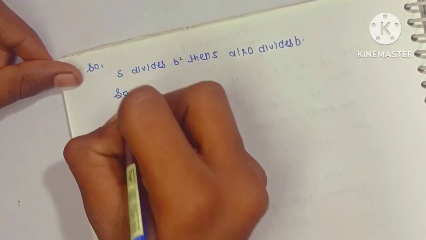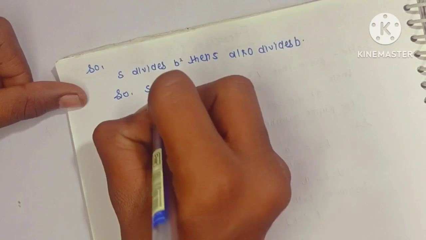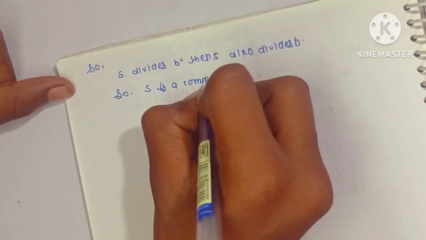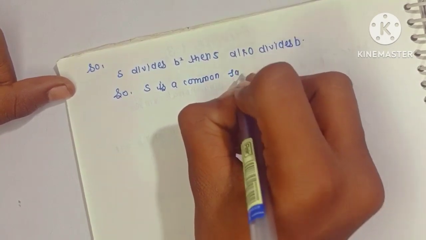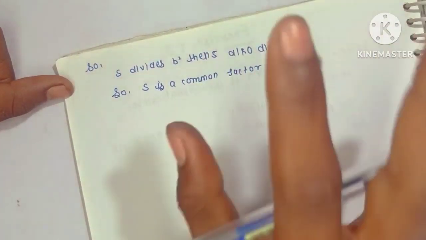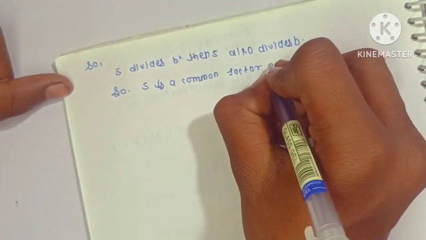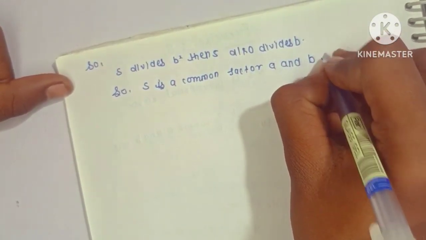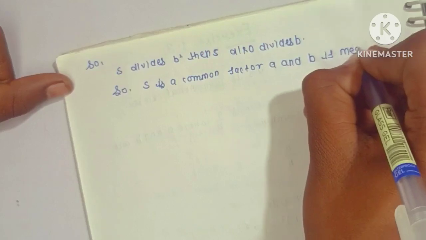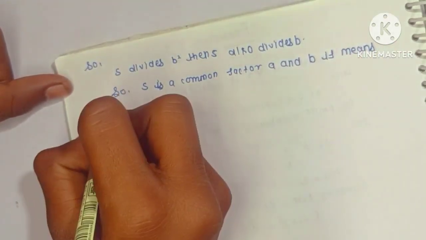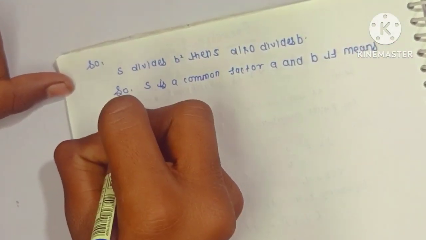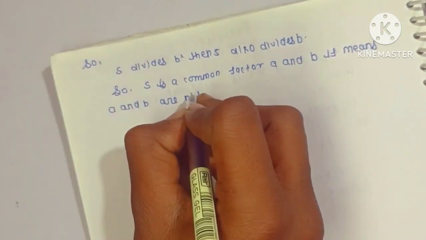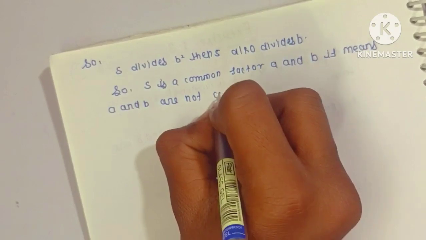So 5 is a common factor of a and b. It means a and b are not co-prime.